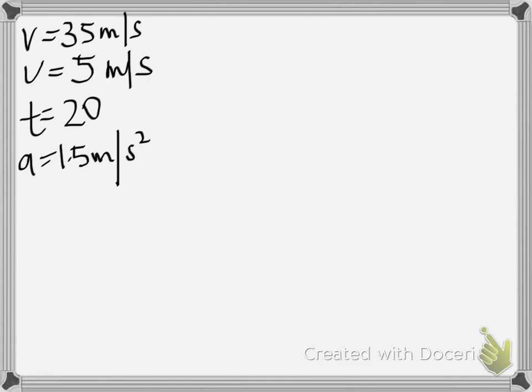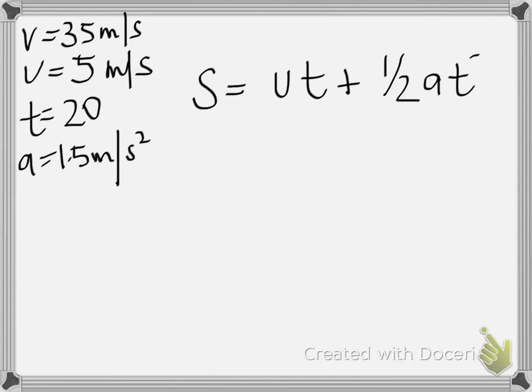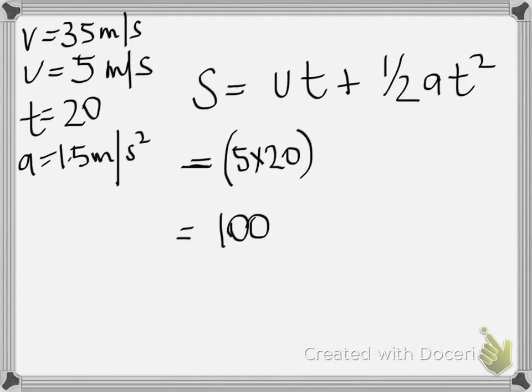Right, so S equals ut plus half at squared. So what I have is I have 5 times 20, which is 100, plus half times 1.5 times 20 squared.